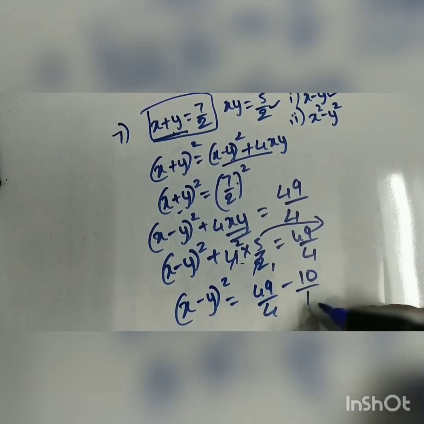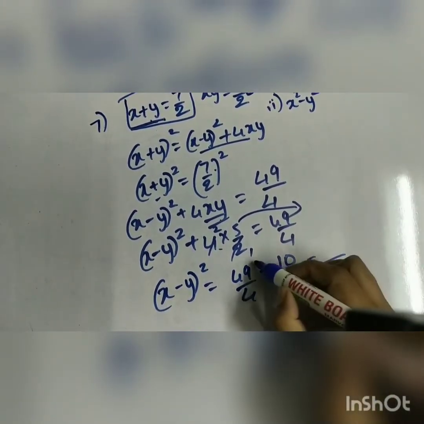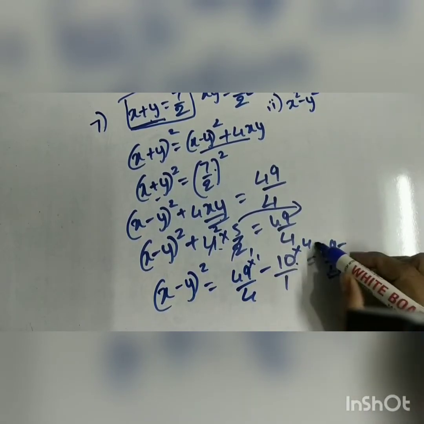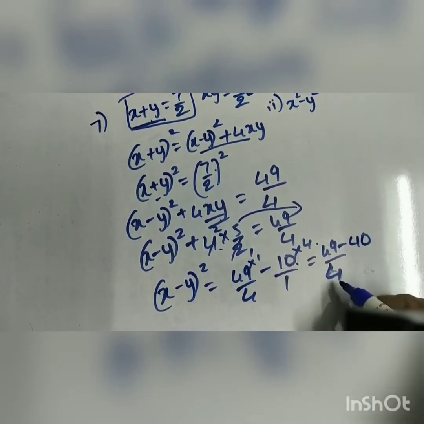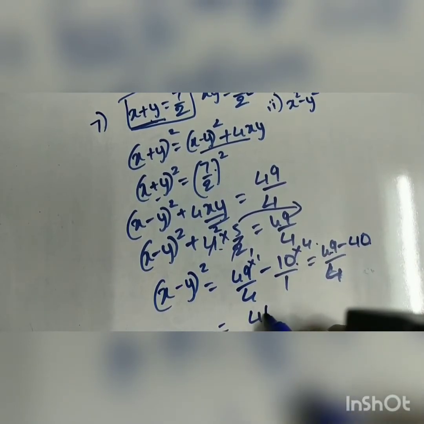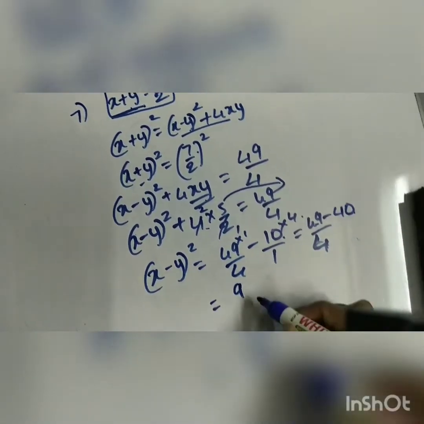So here we can just take the LCM. LCM will become 4, and here 10 into 1 into 4, 10 4s are 40. The answer I get is 49 minus 40, which is nothing but 9 divided by 4.